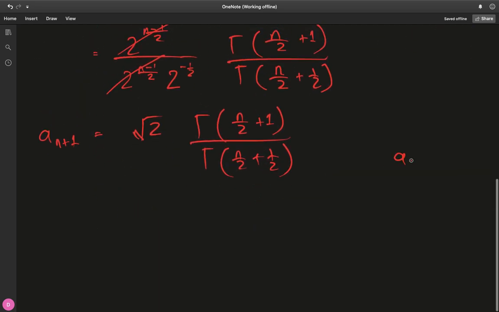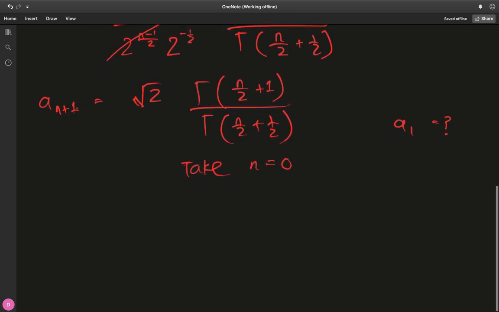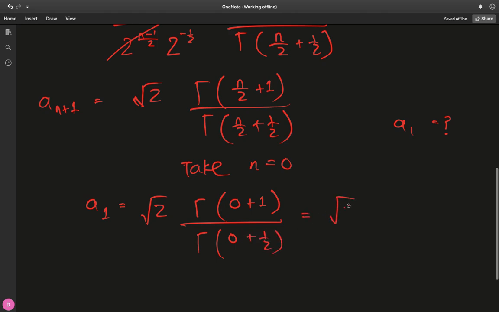But we have to find a sub 1, right? It's simple now. Just plug in n equals 0. So 0 plus 1 is 1. So a sub 1 is going to equal square root of 2 as it is, gamma of 0 plus 1, 0 by 2 is 0, divided by gamma of 0 plus 1 half, which can be simplified to half.